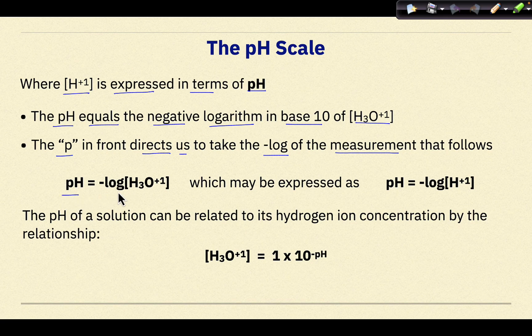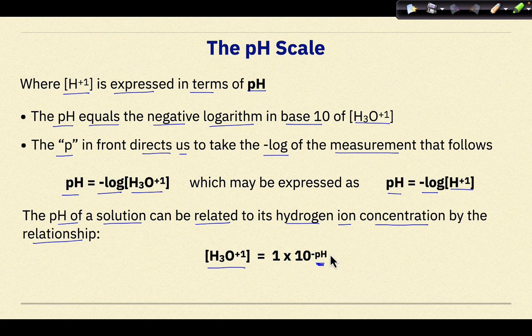So pH is equal to the negative log of the hydronium ion concentration, which may be expressed also as pH is equal to the negative log of the hydrogen ion concentration. The pH of a solution can be related to its hydrogen ion concentration by the relationship hydronium ion concentration is equal to 1 × 10 to the negative pH.